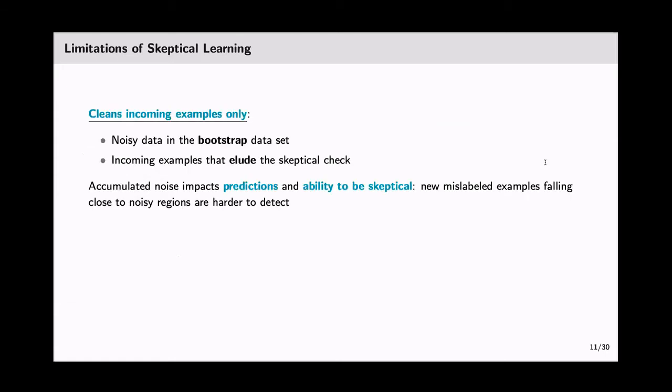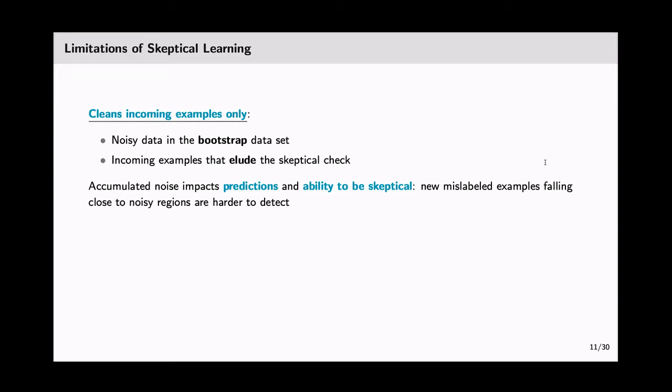Okay, so far I introduced skeptical learning, which tries to solve the problem of noisy labels. However, it also has some limitations. The first one is that usually your initial model is trained on a bootstrap dataset, which contains noisy data.